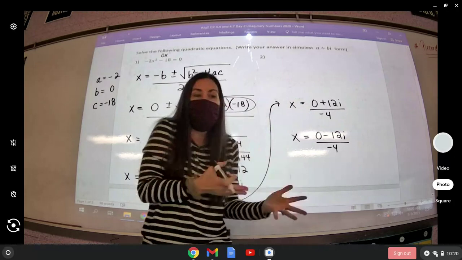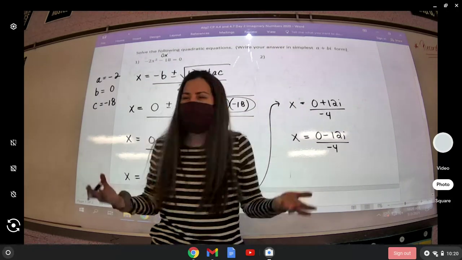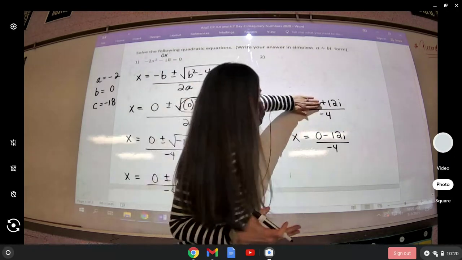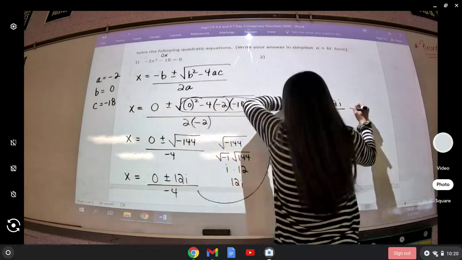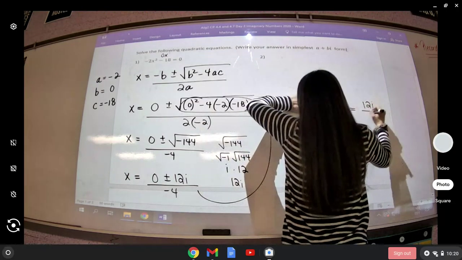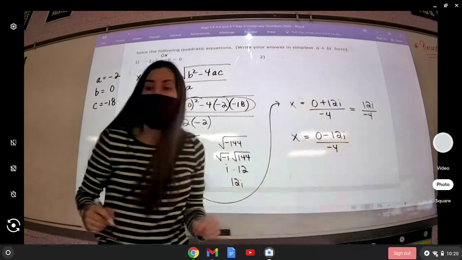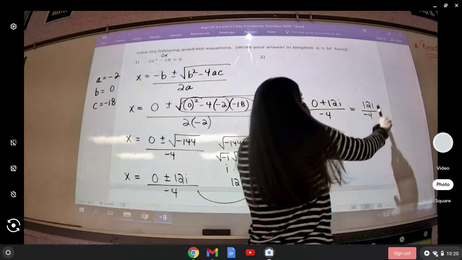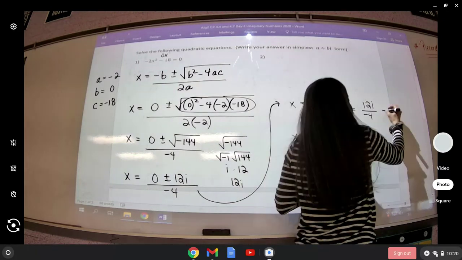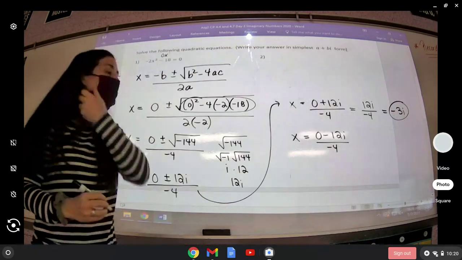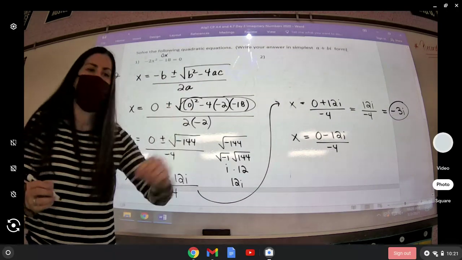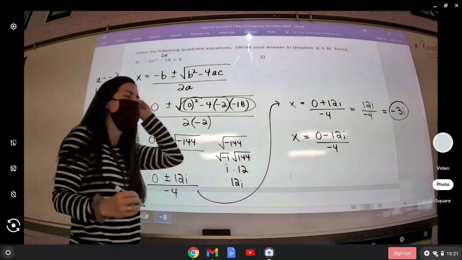You don't really add a real number with an imaginary number, but it's 0, so really nothing's there. It's just 12i divided by negative 4. And 12i divided by negative 4, I am allowed to divide the numbers. I get negative 3i as one of my answers. That's one of my 2 answers to this quadratic degree 2 equation.